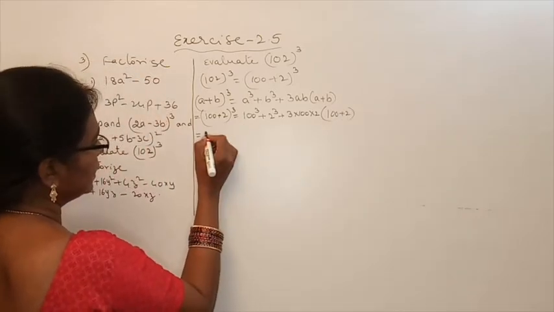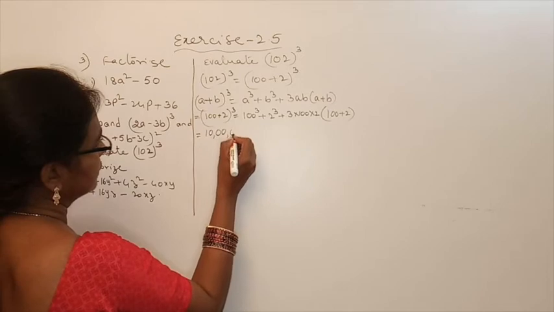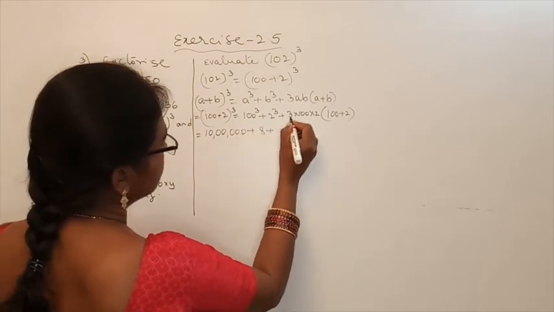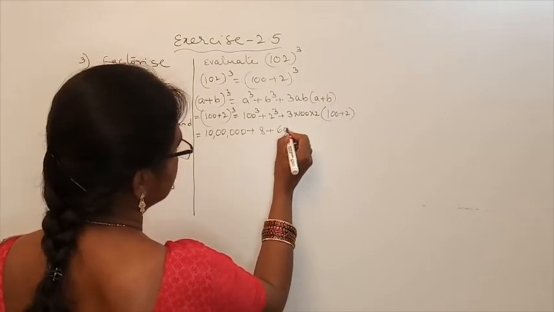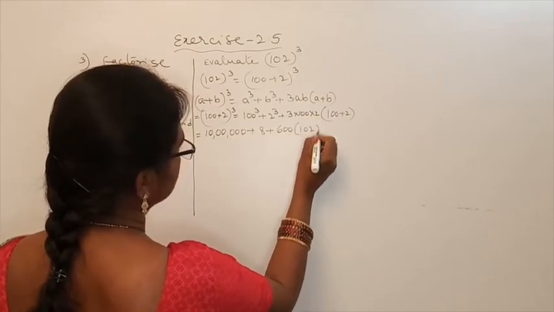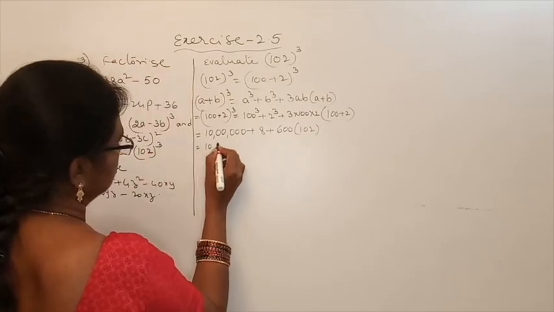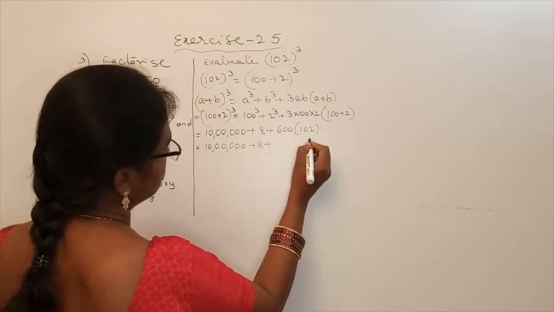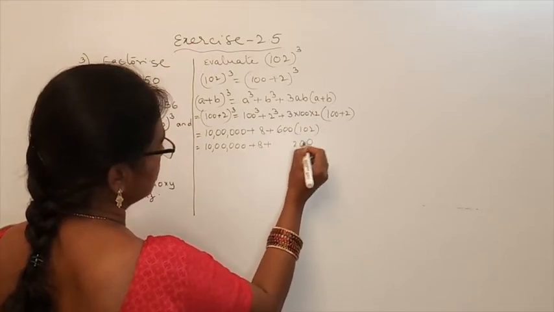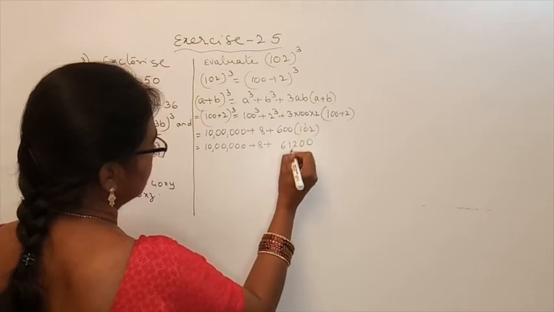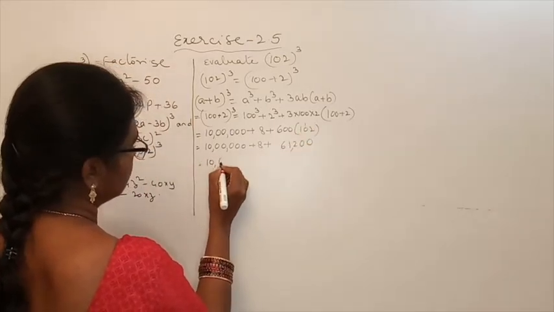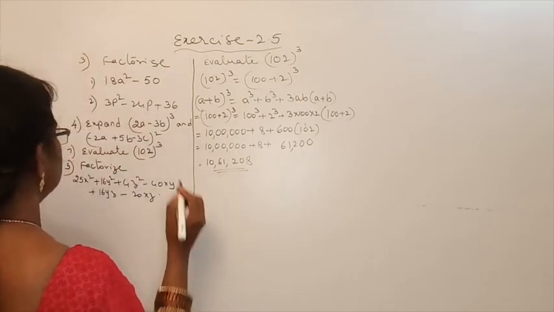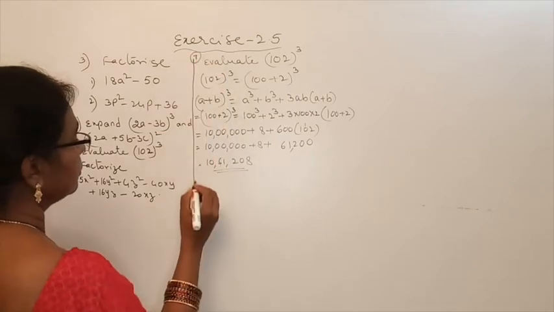Now 100 cube is 10 lakhs plus 2 cube is 8 plus 3 twos are 6, 6 into 100 is 600, into 102. Now 10 lakhs plus 8 plus 61,200, that is 1,061,208.